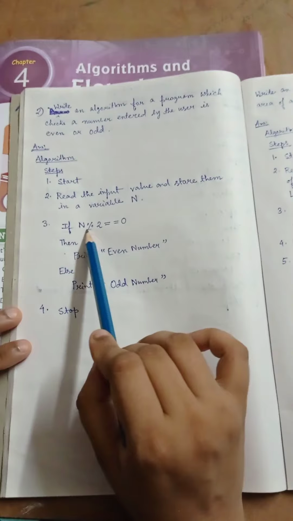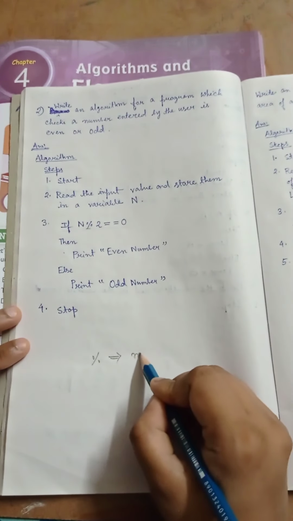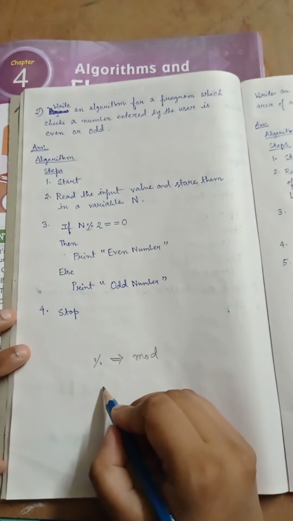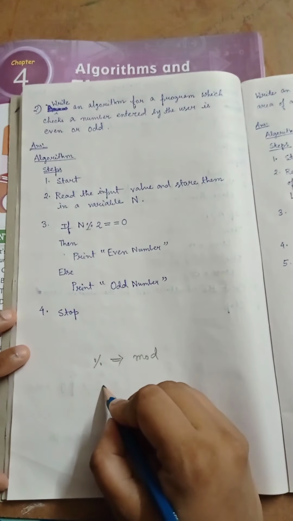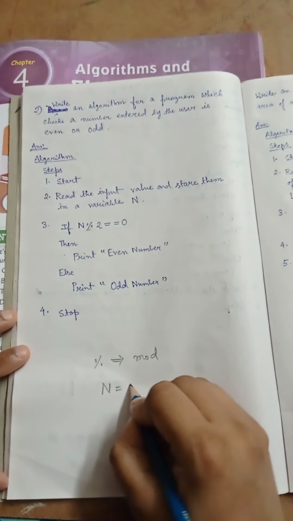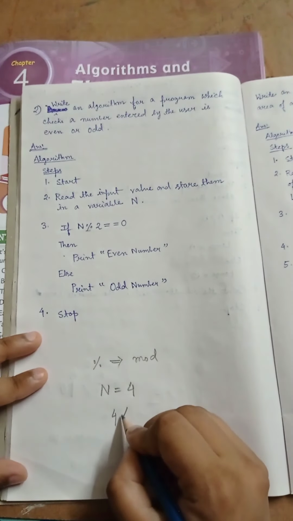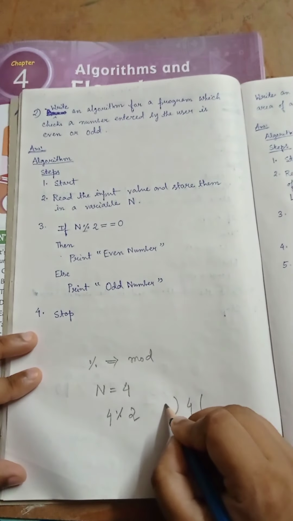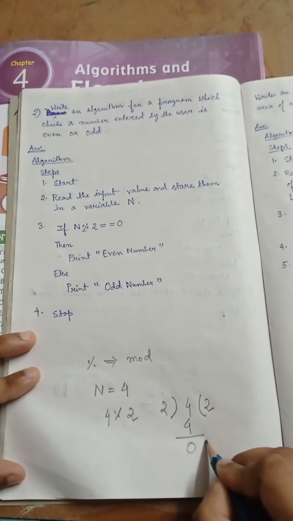Here this is the mod symbol, and this symbol returns the remainder. So if n is equal to 4, then 4 mod 2 gives the remainder.